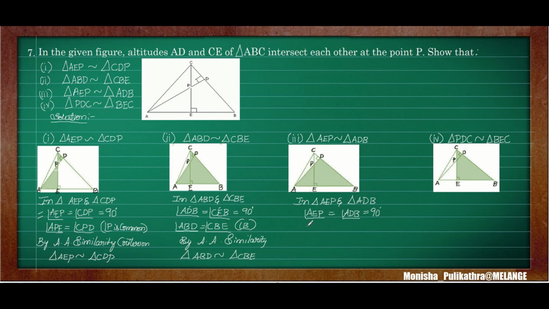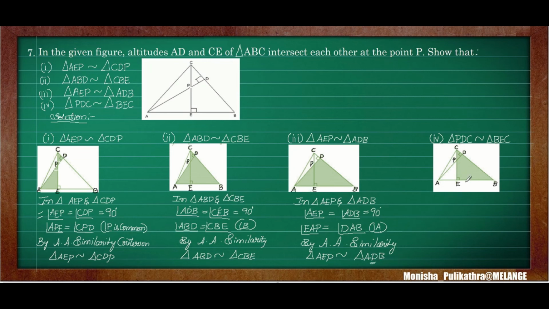So EAP is equal to DAB because angle A is common. Therefore, by AA similarity criterion, triangle AEP is similar to triangle ADB. So the third one is also proved.